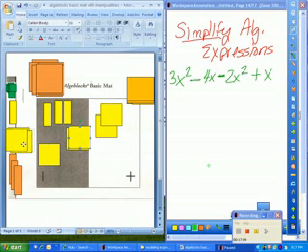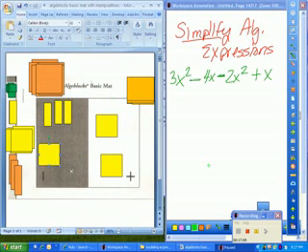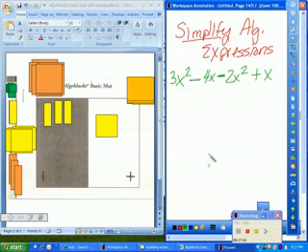When I bring it together to combine it with this negative x squared, poof, they disappear. Now I've got another positive x squared with a negative x squared. Put them together and poof, they vanish too. So what is left over from my model?